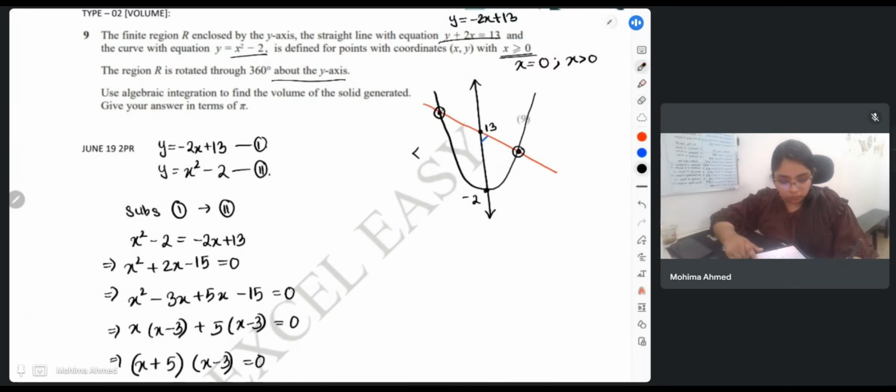Okay, now I will draw the x-axis quite a bit lower than this. Maybe here the x-axis is present for this curve. And now in this situation, I have to dissect this entire region.